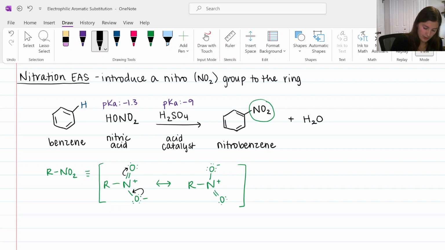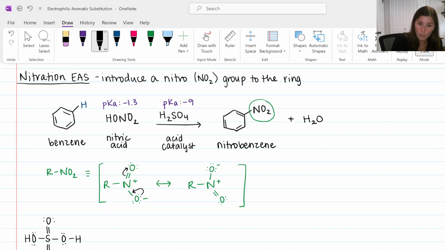The structure of H2SO4 is a sulfur bonded to two OH groups and double bonded to two oxygens.